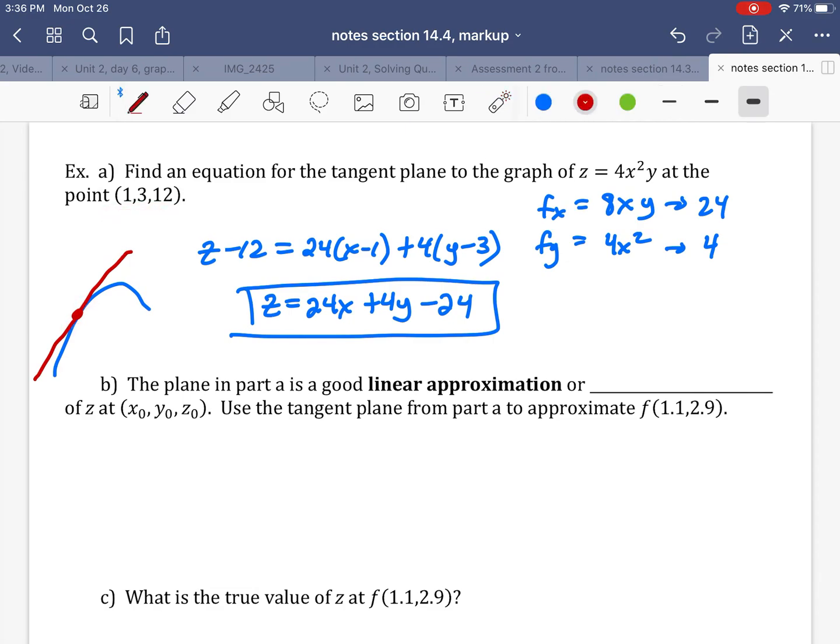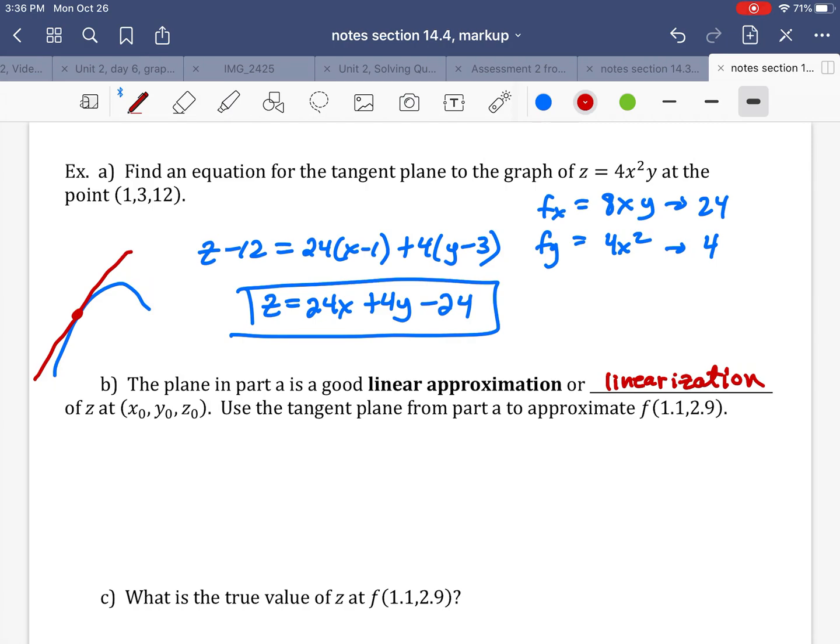That's what's going to end up being called linearization or linear approximation. Okay, so the plane in part A is a good linear approximation, or linearization, of z, the function, at (x0, y0, z0).